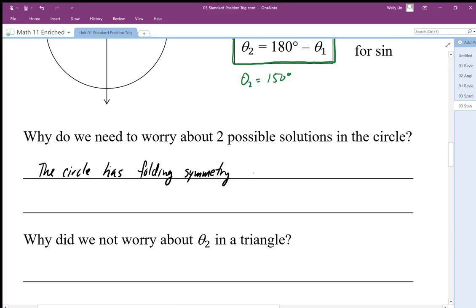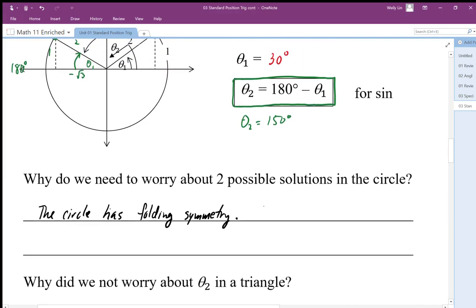When we talk about a ratio, the ratios of sine and cos refer to only x or y, not both.